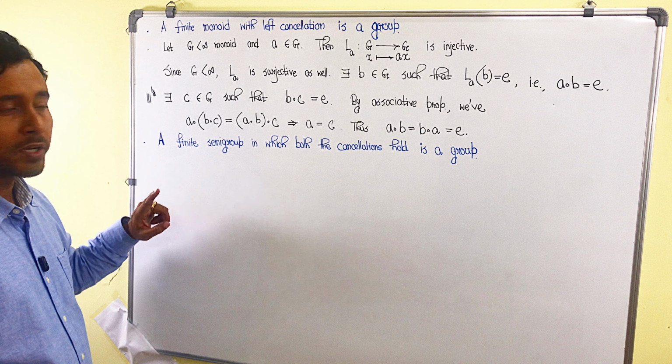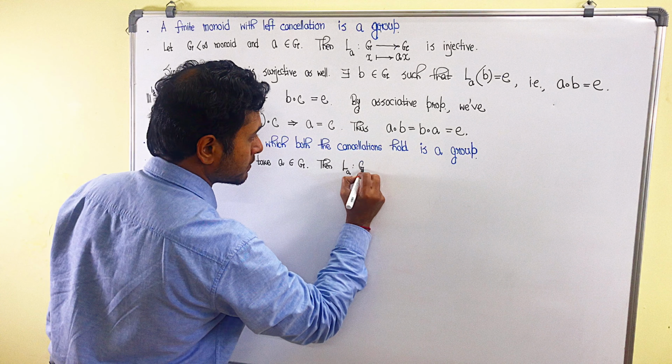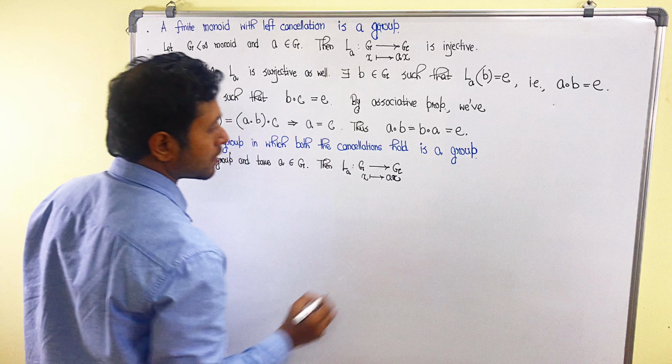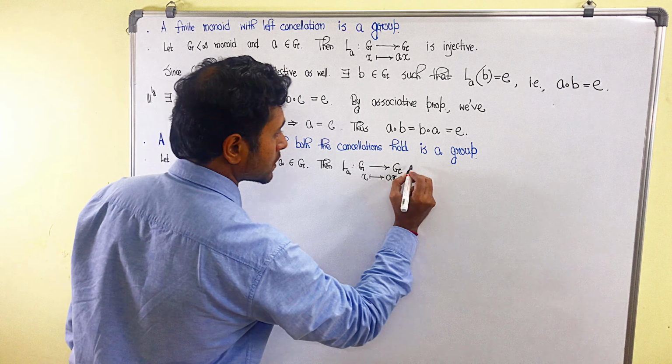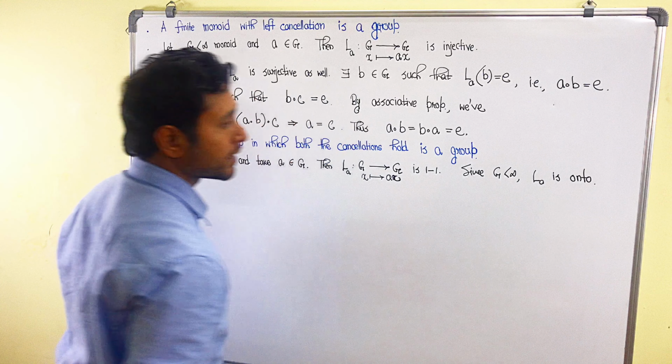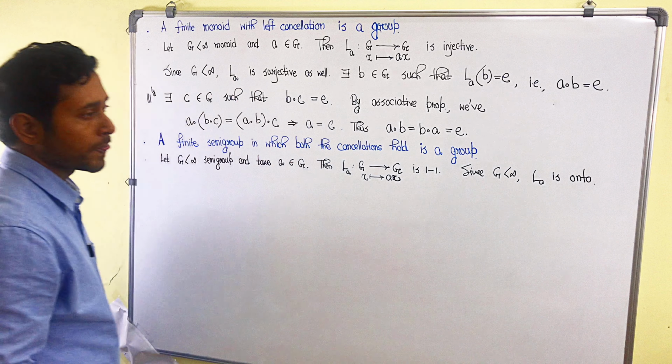Let G be a finite semigroup, and pick an element small a from G. With both these cancellations, we know that the left and right multiplication maps are all injective from G to G. L_a is one-one, and since G is finite, L_a is onto.